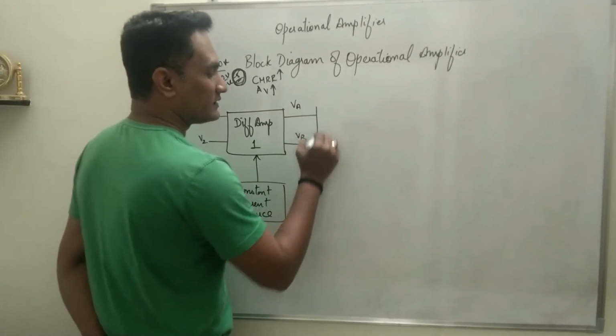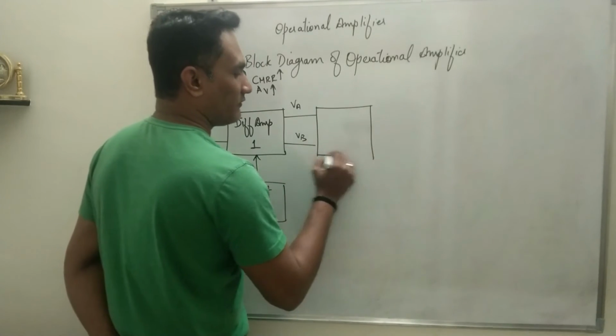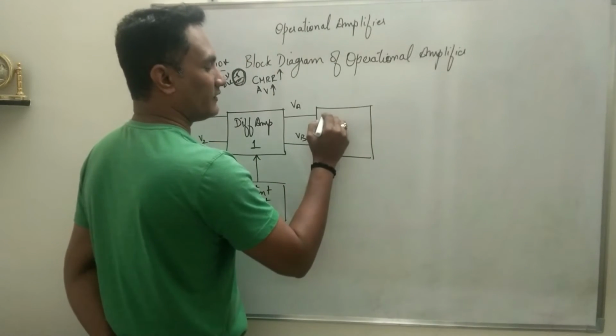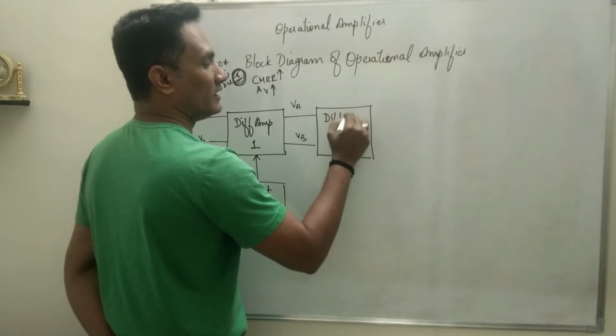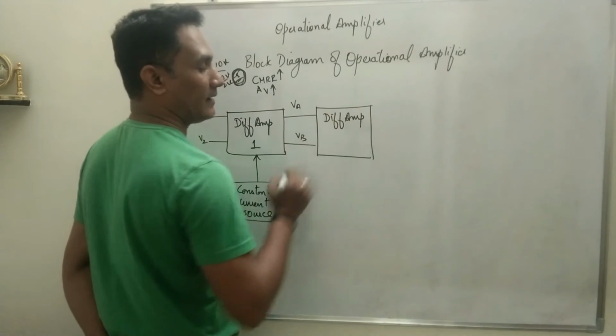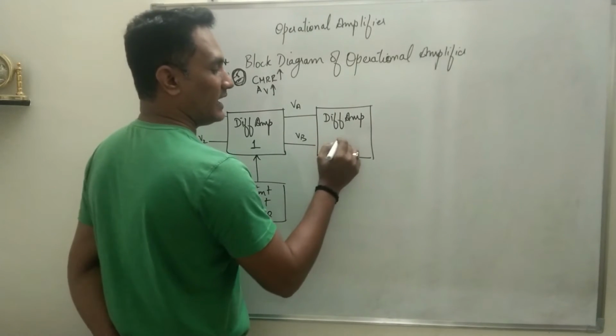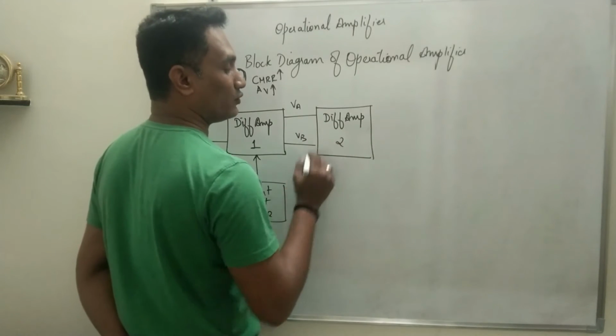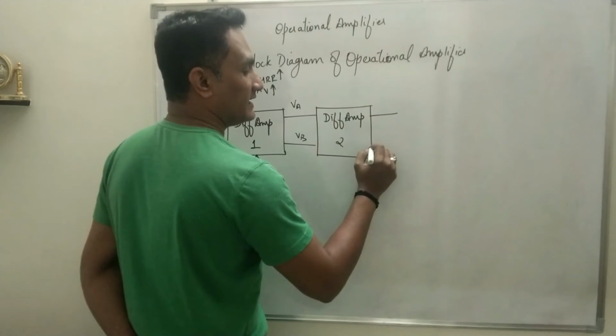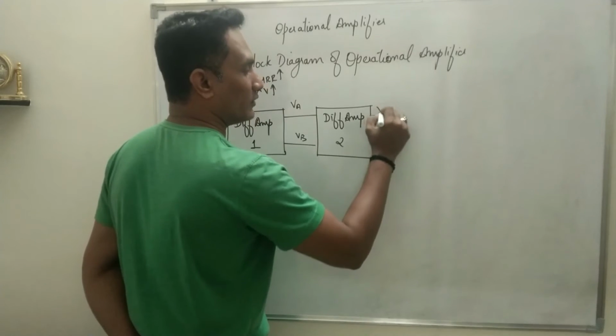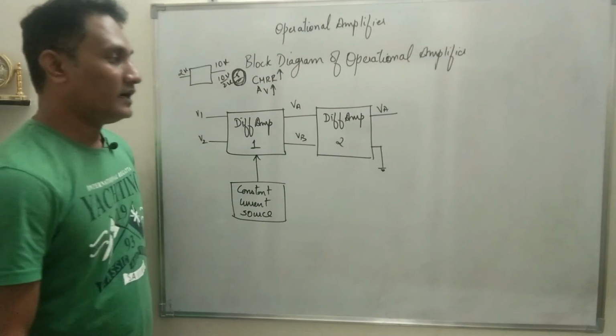So what we do is, the second stage of the block diagram of the operational amplifier is also a differential amplifier. I'll call it differential amplifier 2, but the output is single-ended. That means one output will be grounded and only one output will be continued.